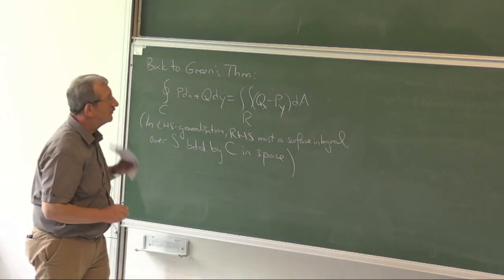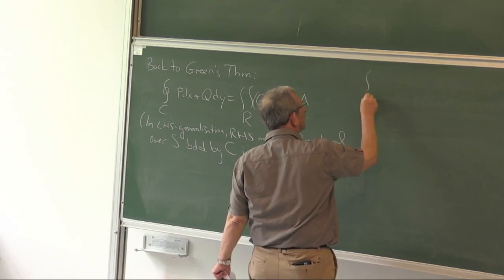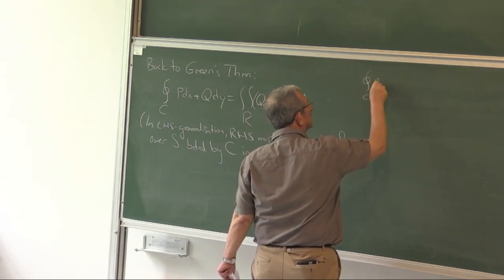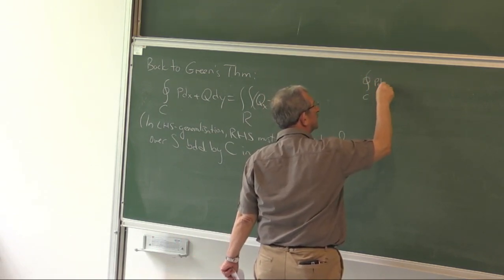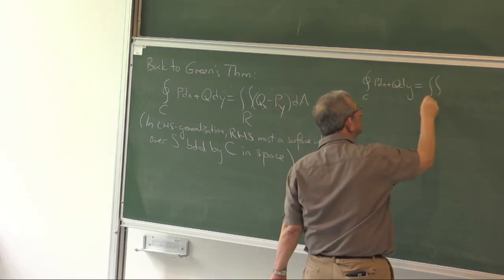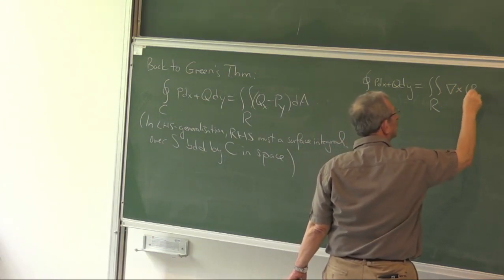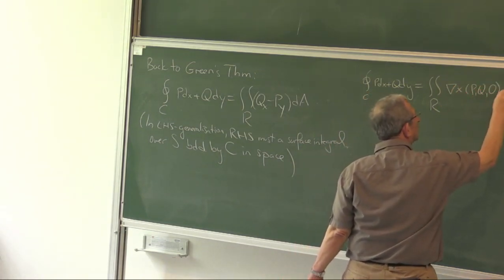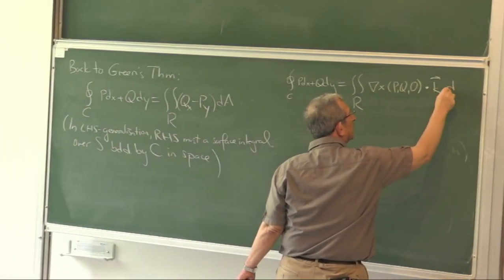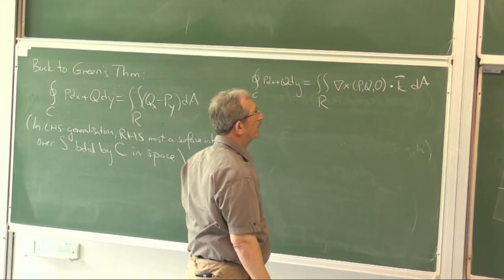Now, to be a surface integral, we get clearly the following. This is P dx plus Q dy, still in Green's theorem. This is the double integral over R of del cross PQ0 dot K, dA.